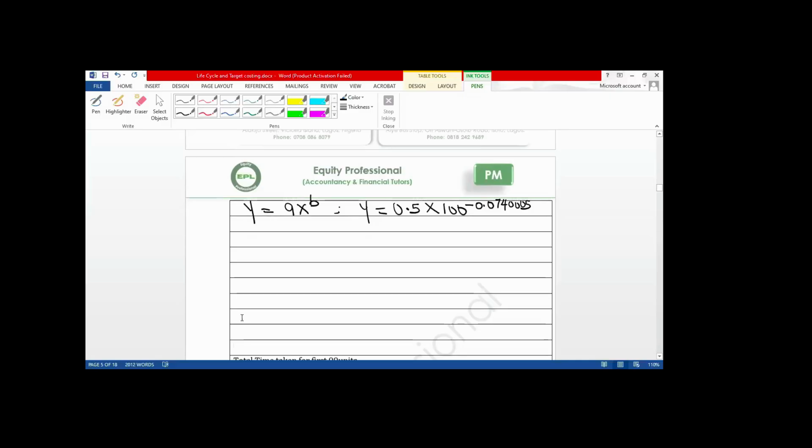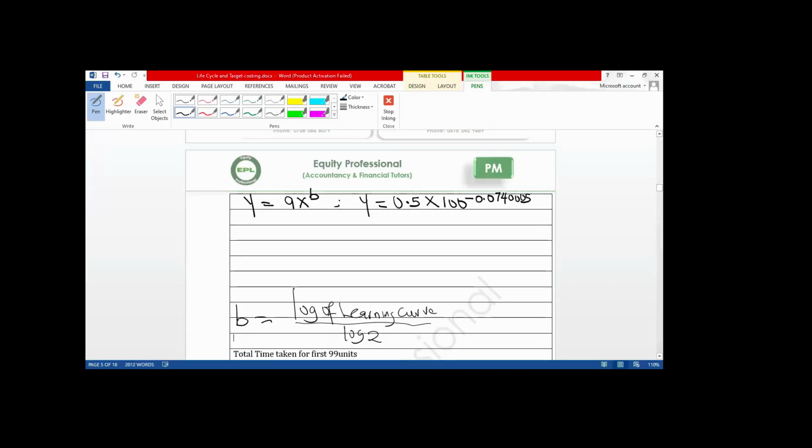The formula for B, that is the learning coefficient, is the log of the learning curve divided by log 2.